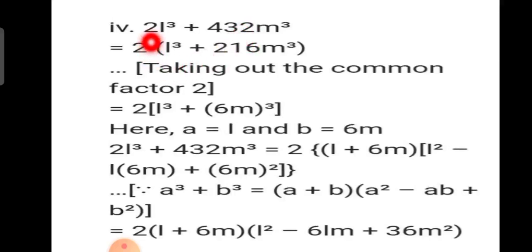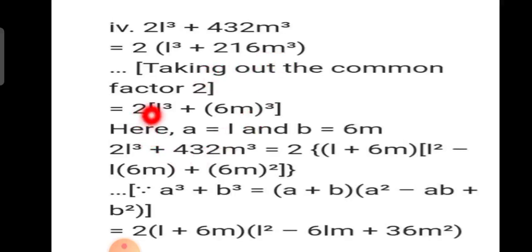Here 2 is not a perfect cube, so we have to eliminate 2. If we divide by 2, 2 divided by 2, only l cube remains. 432 divided by 2, 216 remains. So if you divide both the terms by 2, you will get l cube plus 216m cube. Now both these numbers are perfect cubes. So we have taken 2 as a common factor and then divided by the common factor.